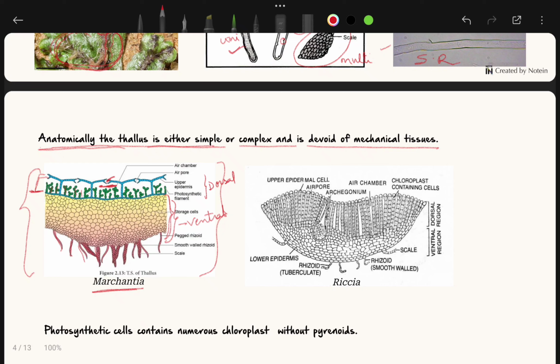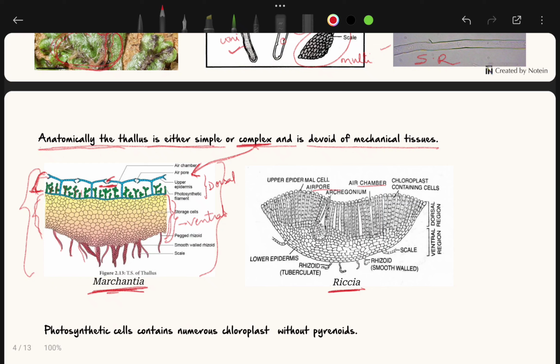This type of structure is known as a complex form. This is a complex form, because in this plant body you will find that there is a clear distinction of tissues between the dorsal and the ventral surface. But in case of Riccia, there is presence of air chambers, there are air pores, but they're not very distinct.